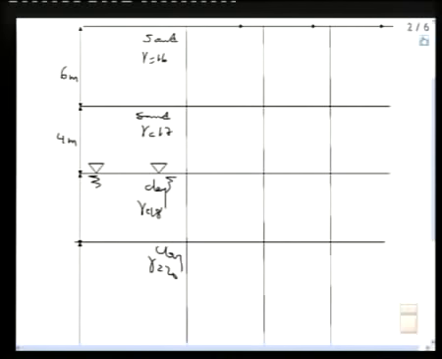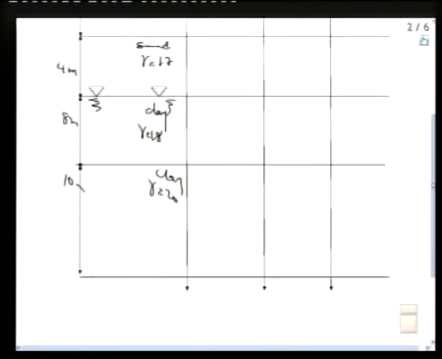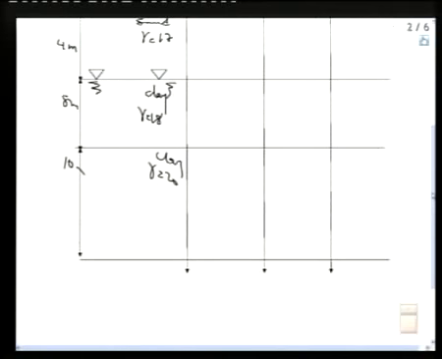This is 8 meters, and this is 10 meters. Then we have rock. Again, what do we have here?